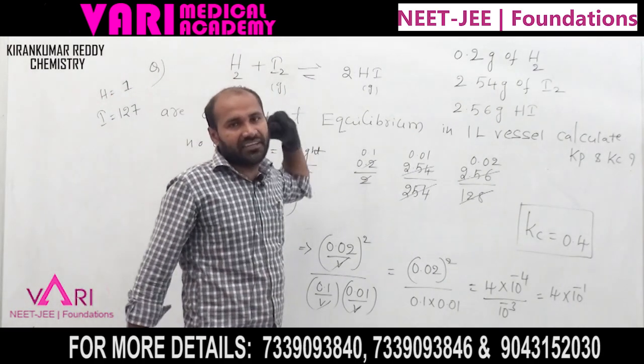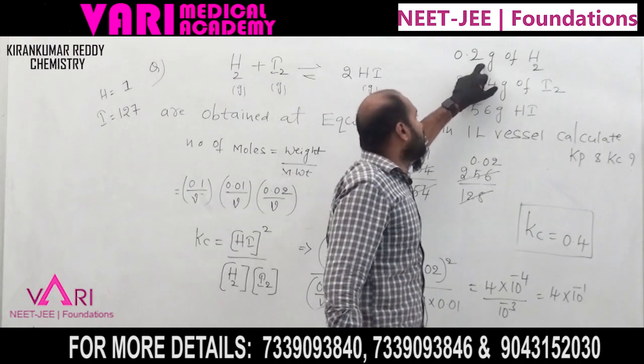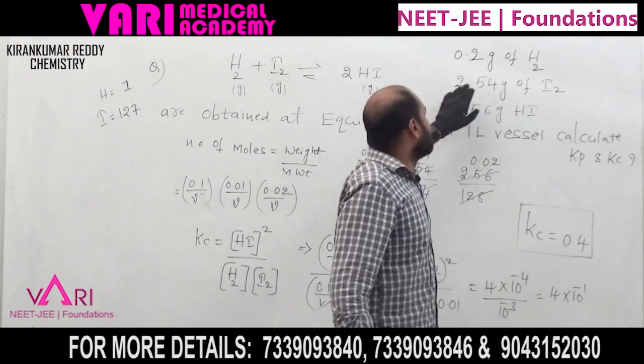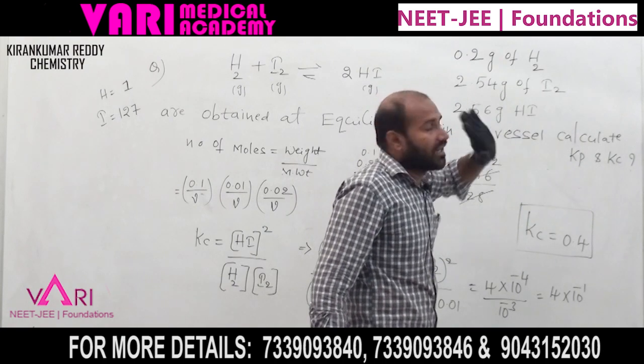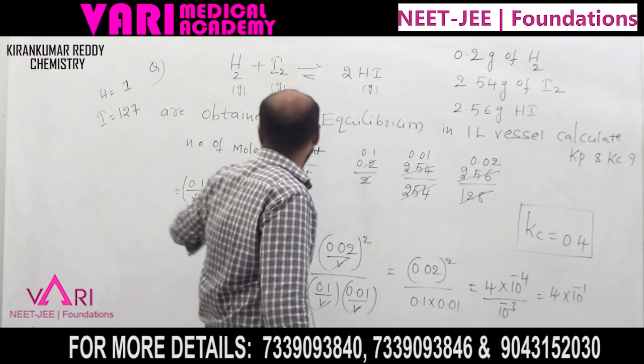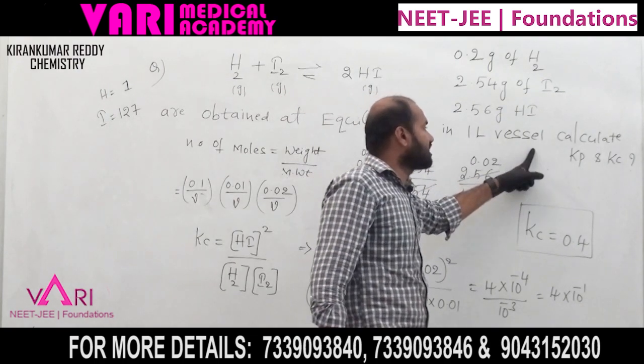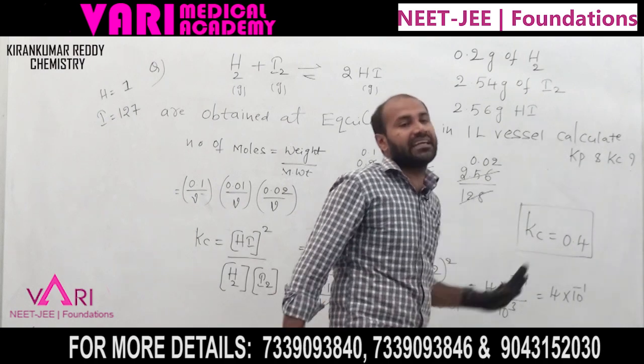Understand? So I am taking initially H2 plus I2 gives 2HI. This is the reaction given. Now what are the weights given? 0.2 grams of hydrogen, 2.54 grams of iodine, 2.56 grams of HI are obtained at equilibrium in a 1 liter vessel. Calculate Kp and Kc.